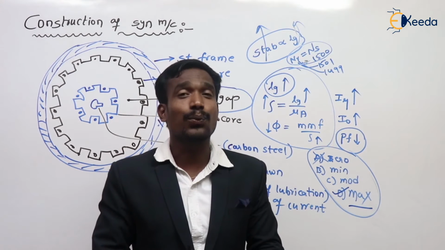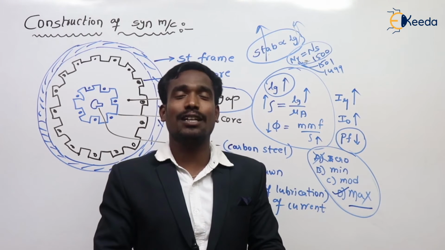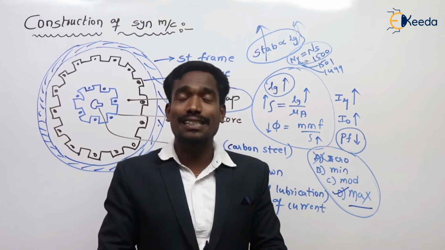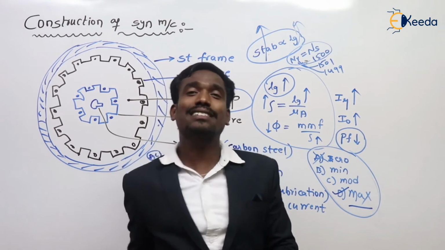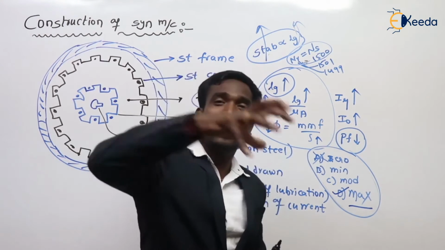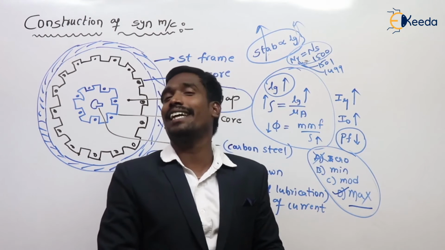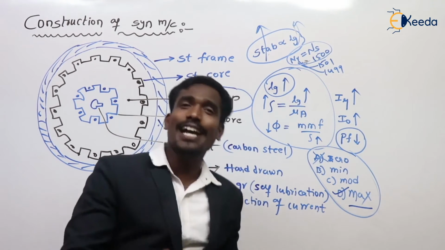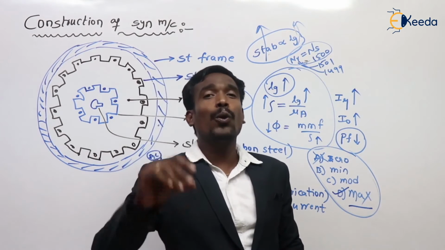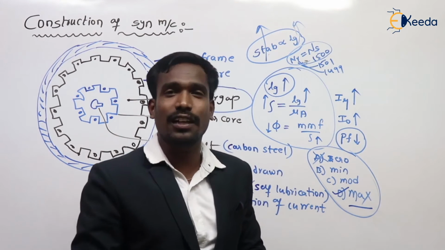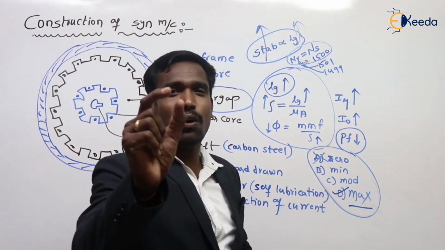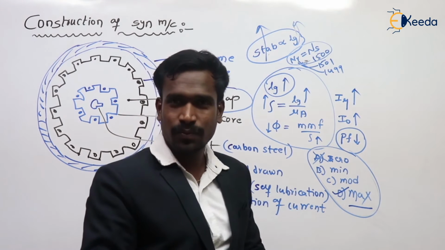But the very important additional advantage of the synchronous machine is the separate excitation of DC. By changing the excitation, we can control the power factor. This is a very important point. Note down this point.